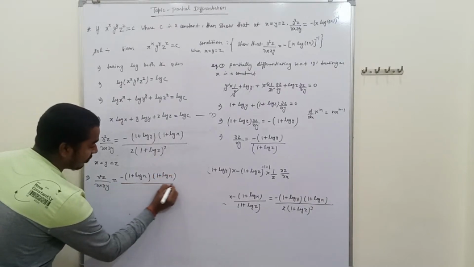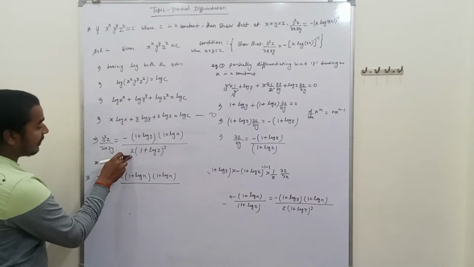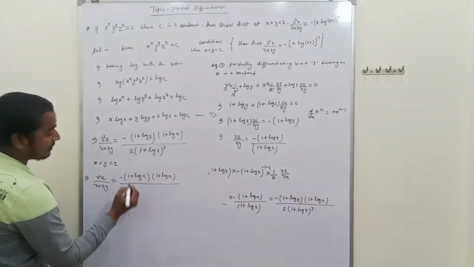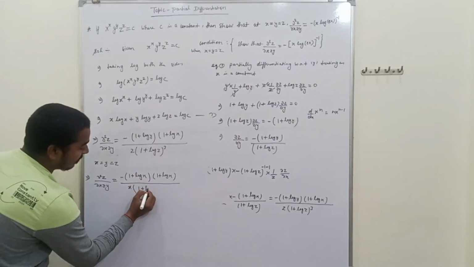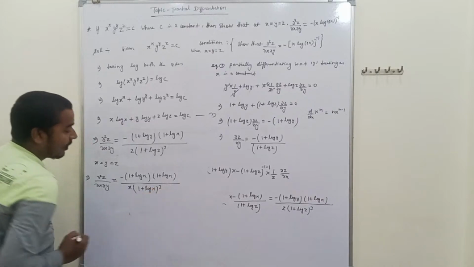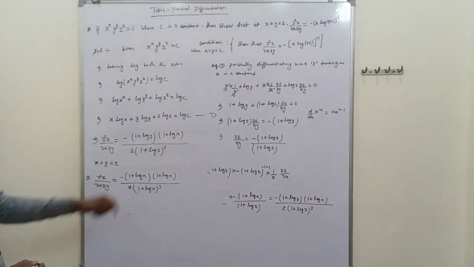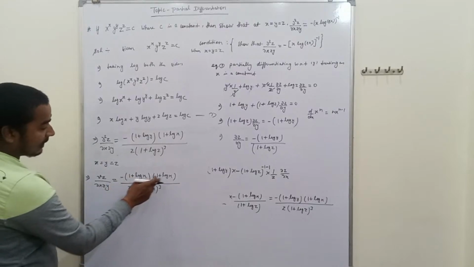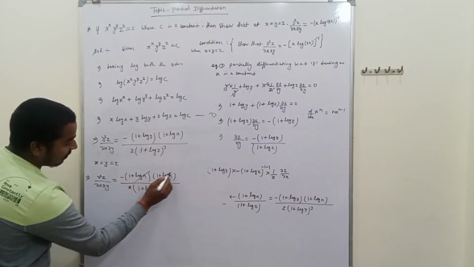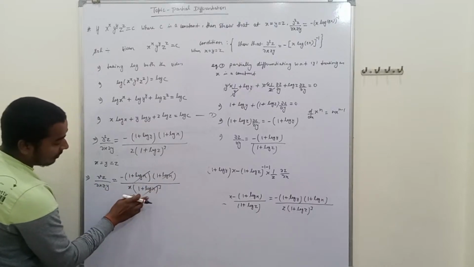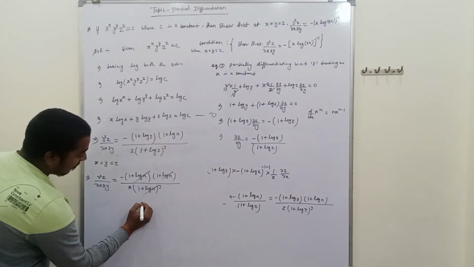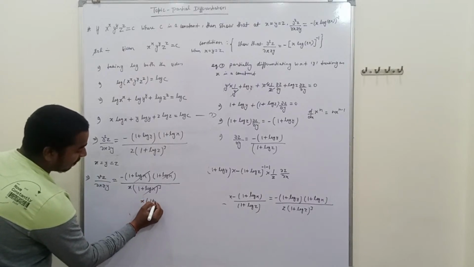In the denominator we also put x in place of z, and x in place of the other z, that is (1 plus log x) whole cube. Further we cancel out 1 plus log x whole square against 1 plus log x whole cube, then the remaining is x into 1 plus log x.